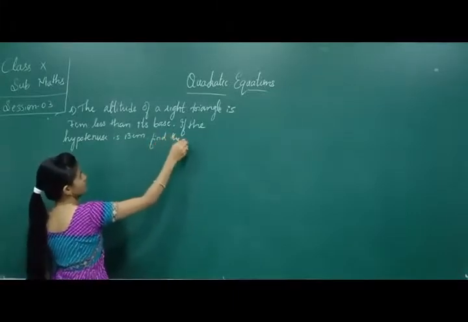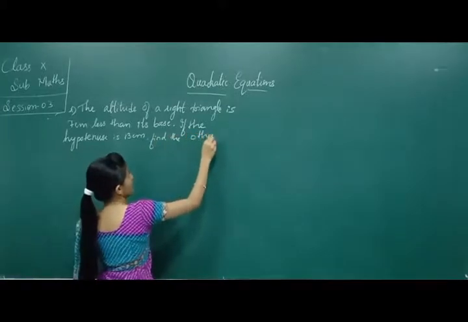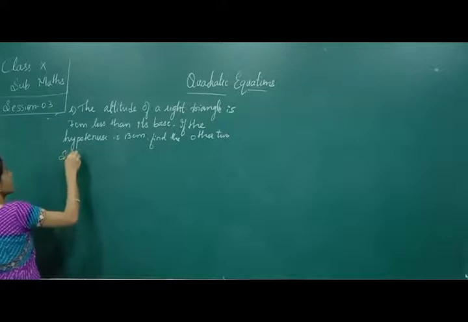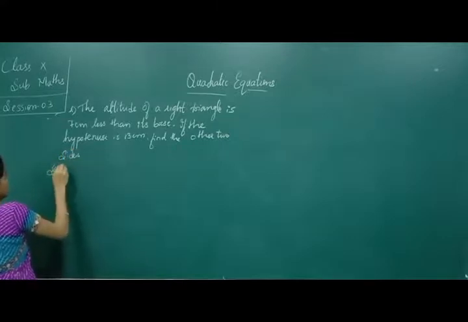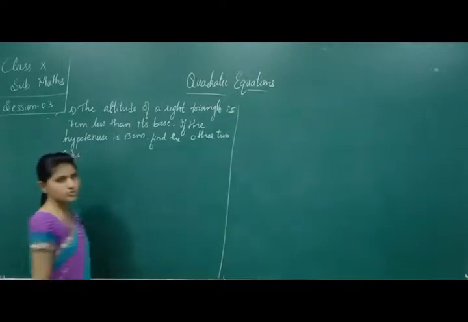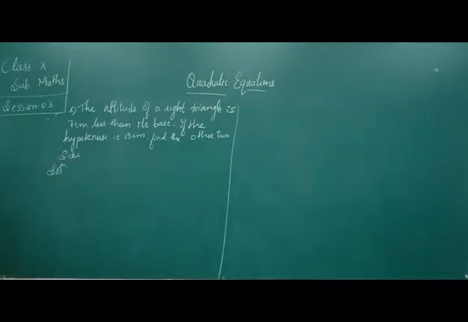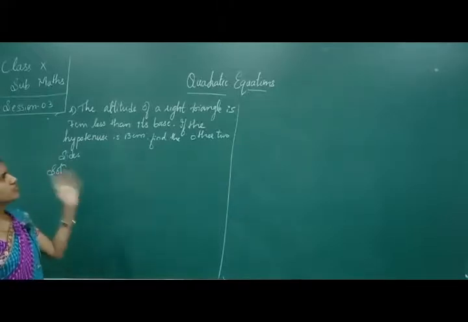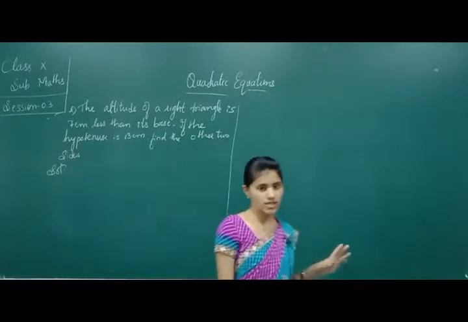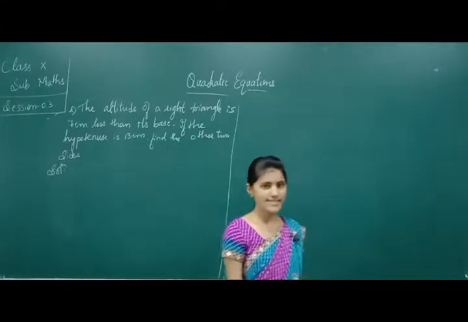Okay, this is the question given to us. What they have actually given, that is the altitude of a right triangle. Right means right angled triangle, whose one angle is equals to 90 degree.